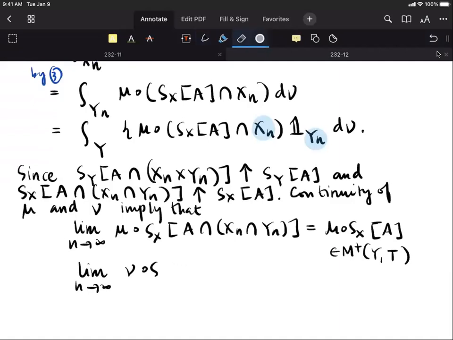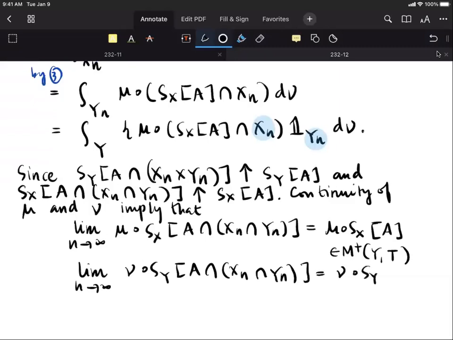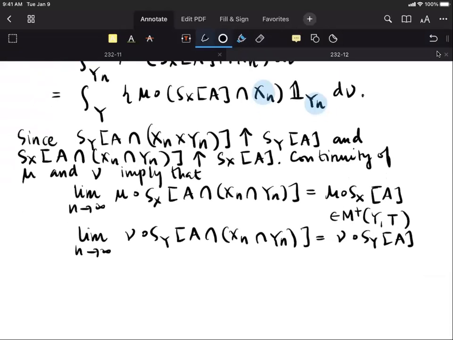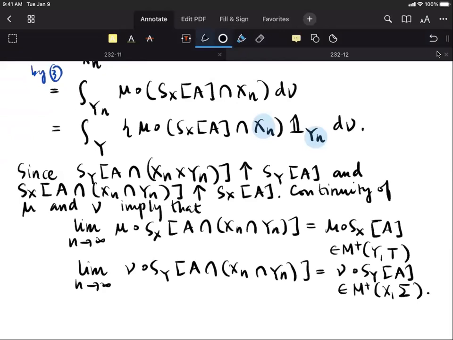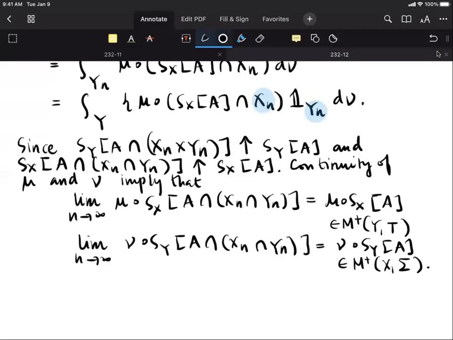In order for the composition to be well defined, this is the same as nu of Sy of A, by continuity from below of a measure. Okay, so this establishes the measurability of these compositions.